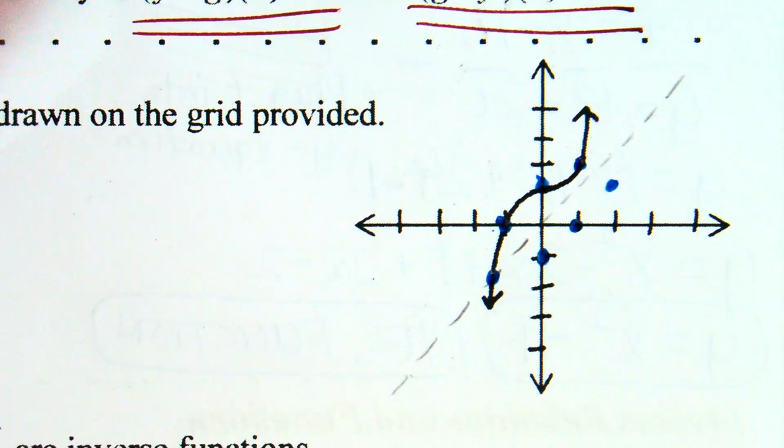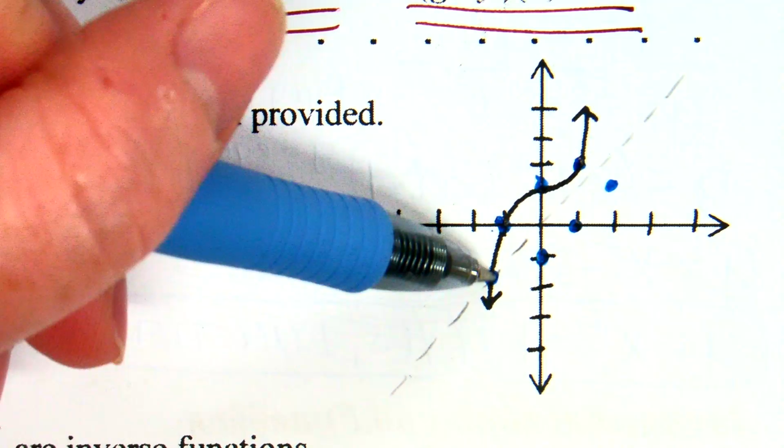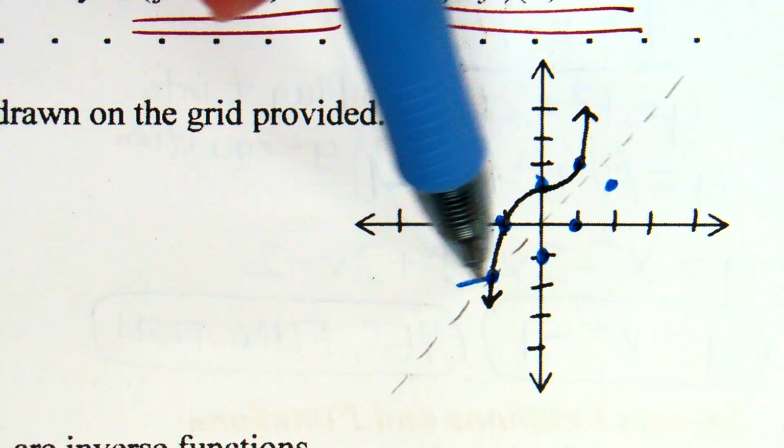Now, other than that, think about this: it's a reflection. First of all, this part of this graph right here is going down, yes? When I reflect it over here, instead of going down, it's going to fold over and go out sideways, so to speak. It's going to go out sideways like that.